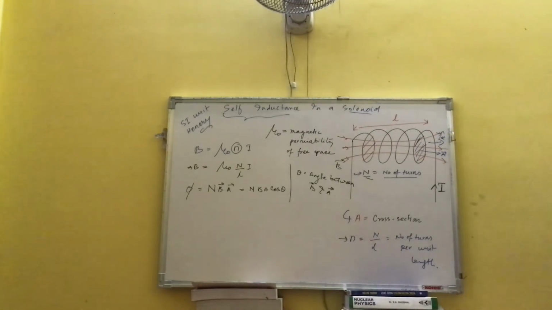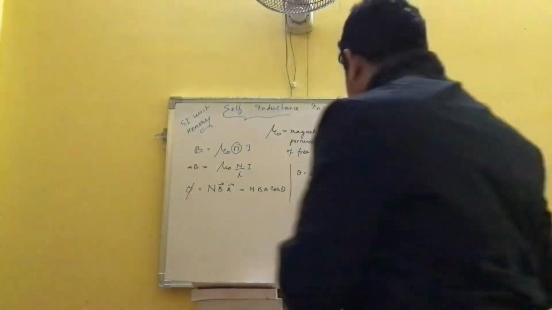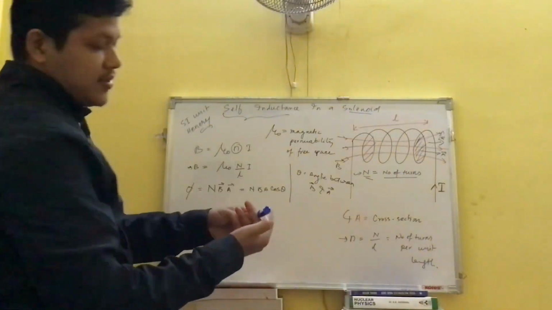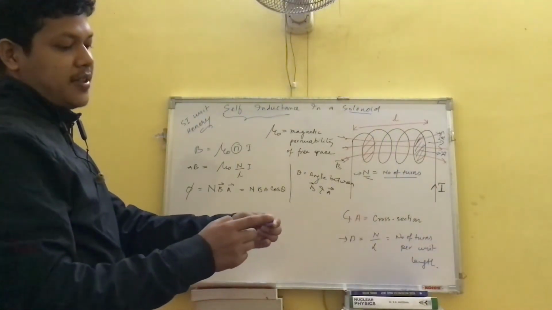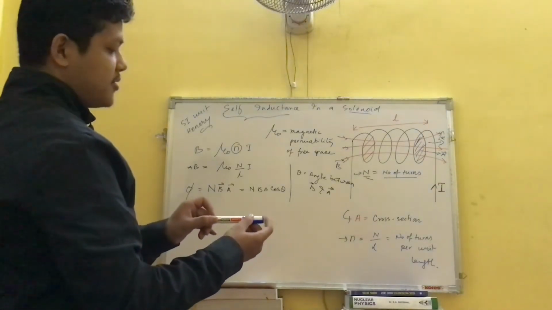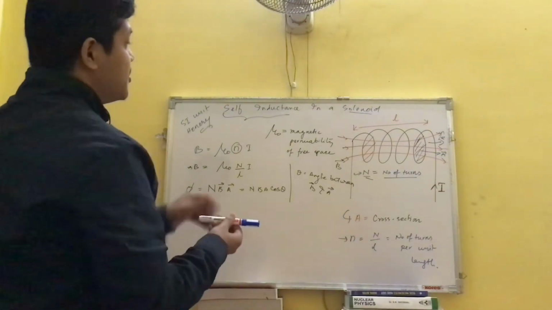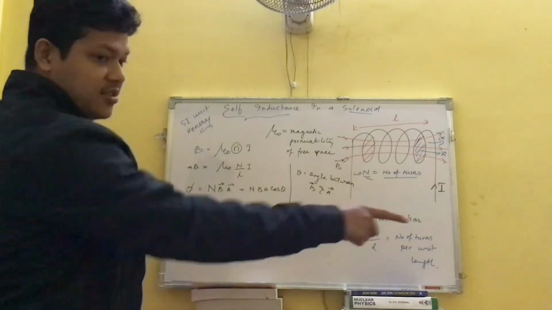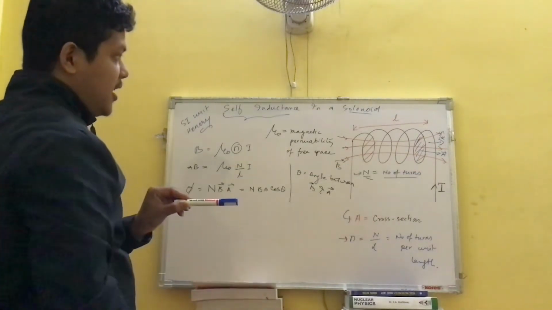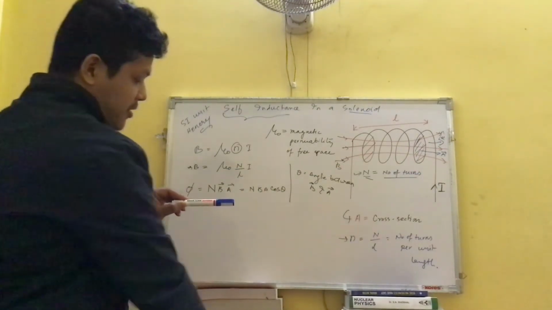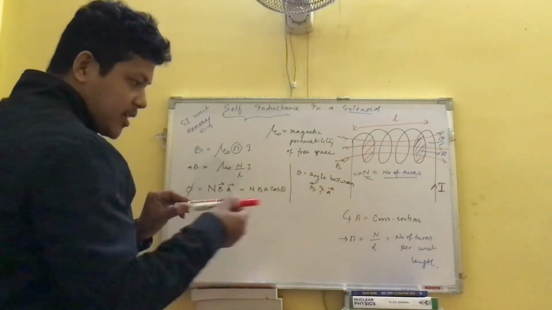Imagine this. This is the face of the cross section, the cross section of this solenoid. The direction of magnetic flux, the direction of magnetic field, is also in that direction.